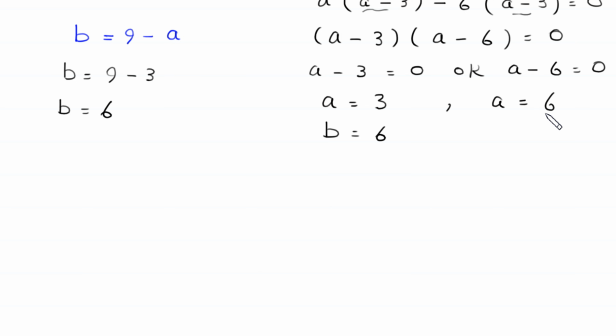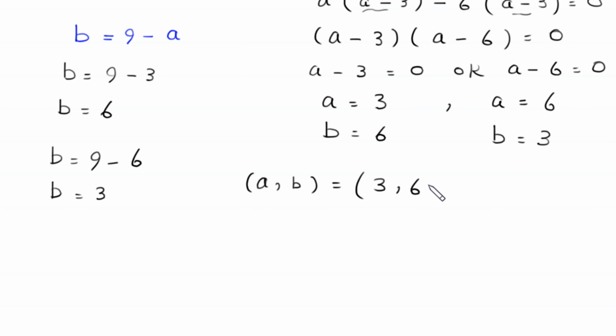And when a is 6, then b will be equal to 9 minus 6, and b will be equal to 3. So when a is 6, then b will be 3. So from here we get two pairs of a comma b. A comma b is equal to, first pair is 3 comma 6 and the second pair is 6 comma 3.